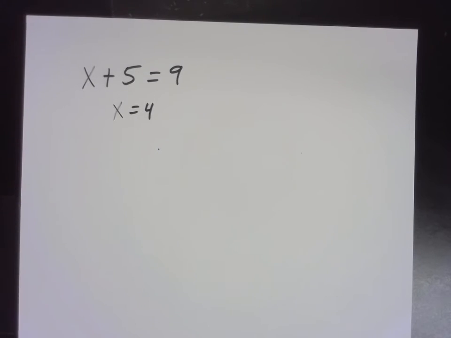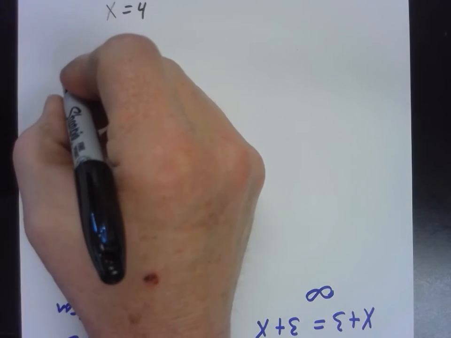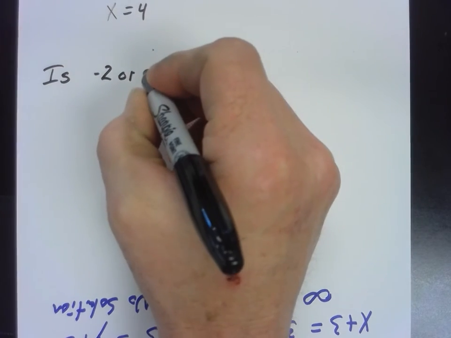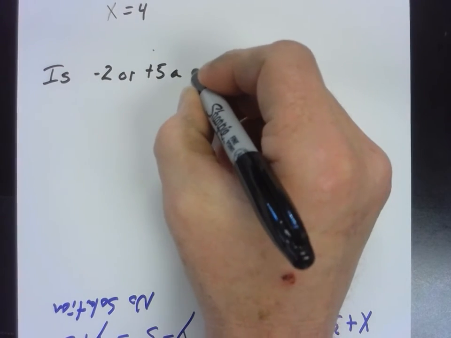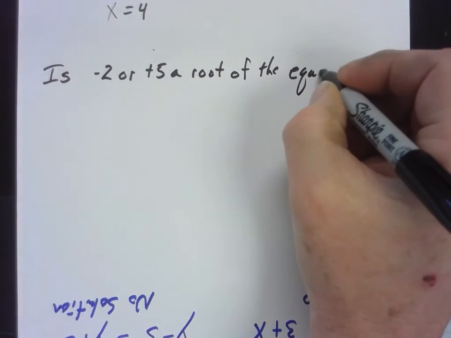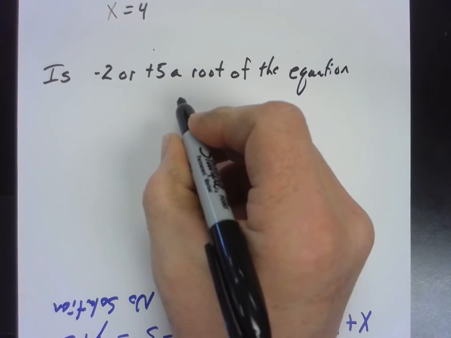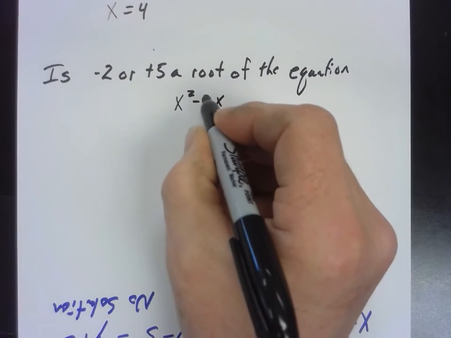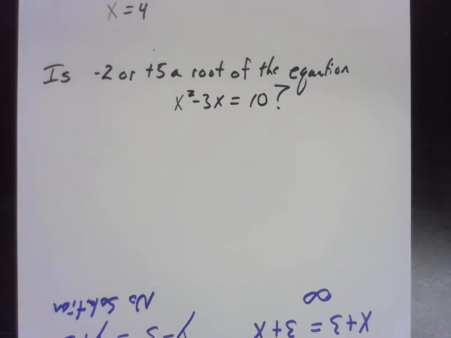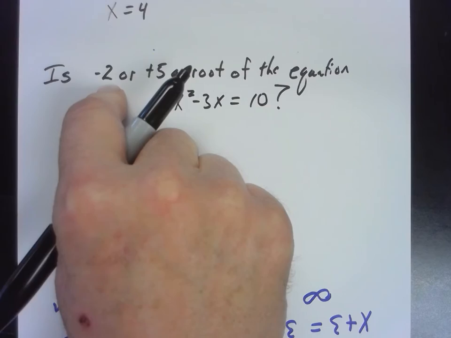And so, you know, when we have x to the first power, usually that's the case. There's one number that makes it true, and that's it. But it is possible to have more than one. So let me give you this problem. Okay, so your side of the room, you guys all try the -2. This side of the room, you all try the 5.